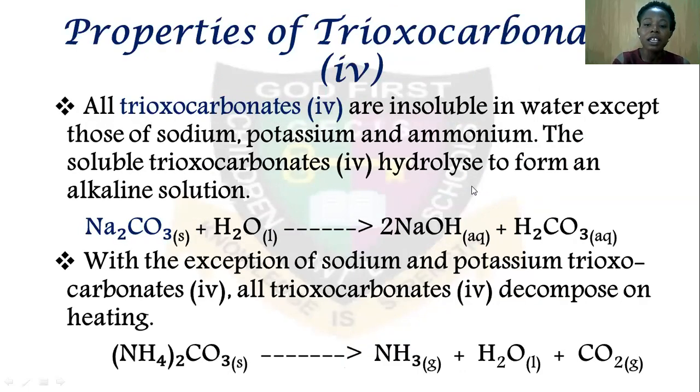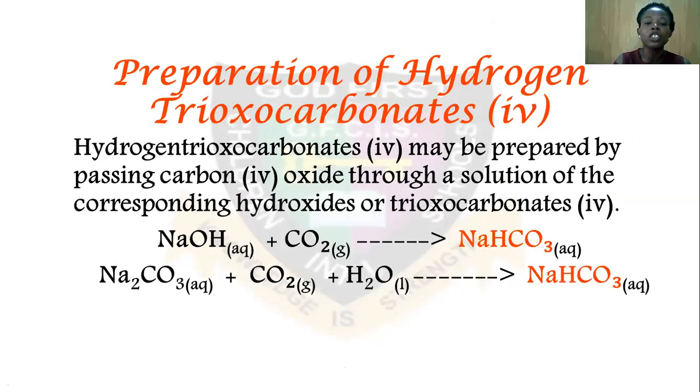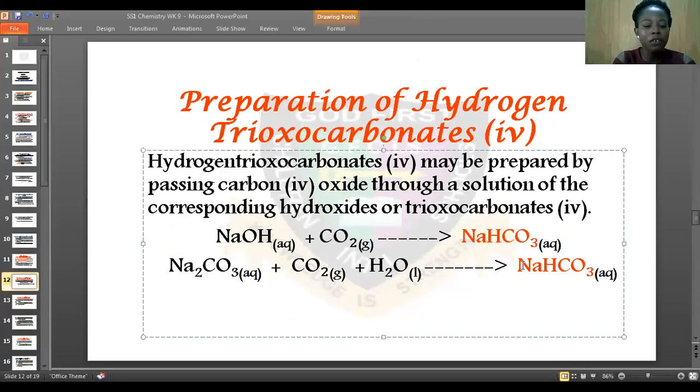But in this other case, in the preparation of hydrogen carbonate, you have a limited supply of the alkali sodium hydroxide, so it reacts with carbon dioxide to give you sodium hydrogen carbonate. Then you can also get it by passing carbon dioxide through sodium carbonate plus carbon dioxide and water, and then you have sodium hydrogen carbonate. If you balance this equation, you have 2 here. Hope we get that. So you have 2 there. So that will give you the product. Good.